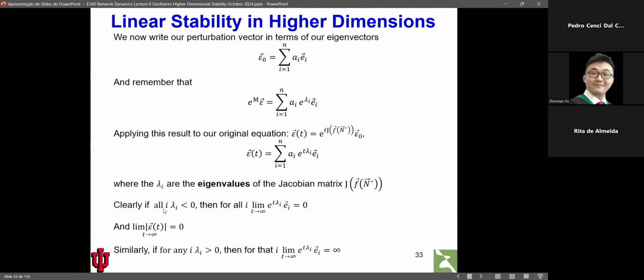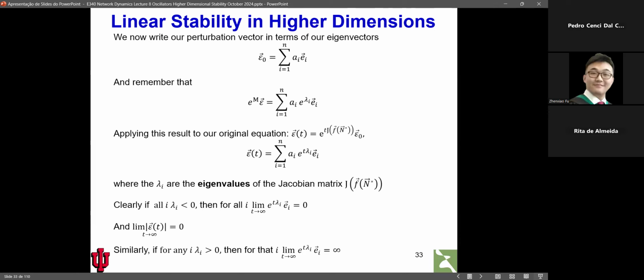But clearly, if all lambda I are less than 0, then for all I the thing is going to be 0, and the limit of the perturbation is going to be 0 as T tends towards infinity.